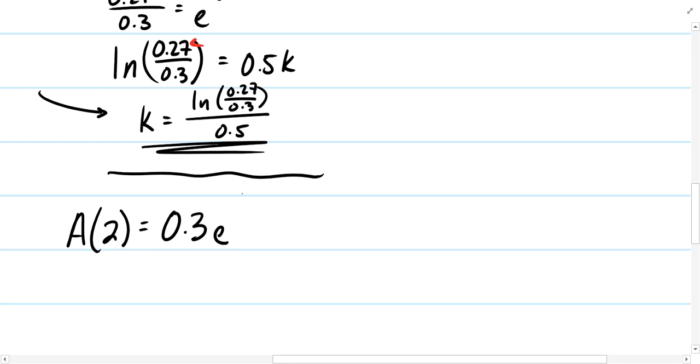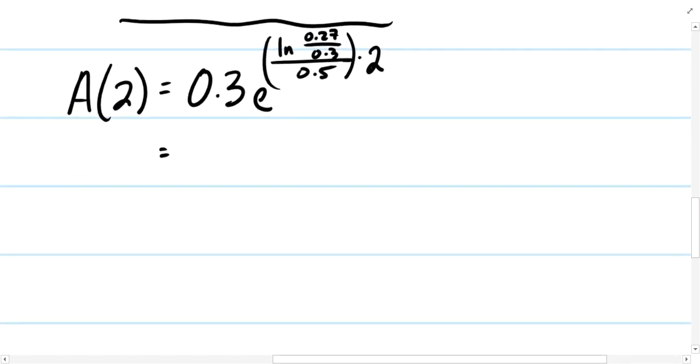The k, the power for k, is this whole expression, so we're going to try to stuff it in this exponent here. Natural log of 0.27 over 0.3, all of that divided by 0.5. So that number times t, or time in this case, which is 2 hours. And this is an expression that we can bring to the calculator as well.